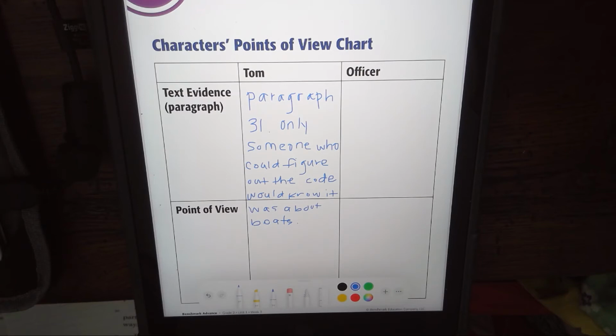Okay, so I just kind of paraphrased. I said, only code of boats. So it really wasn't a Christmas list, right? And his point of view then is that he thinks this list is very important.